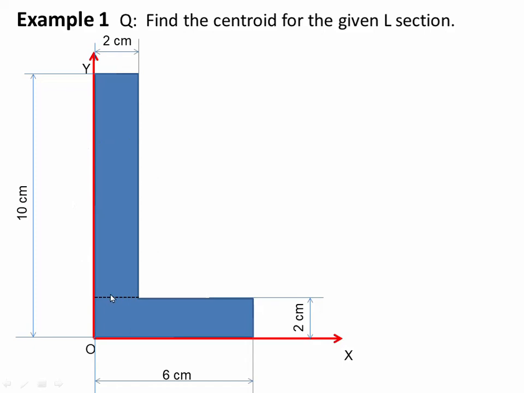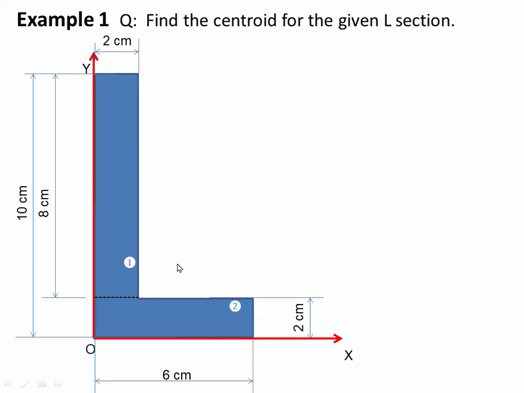In such a case, I will name this rectangle as 1. Rectangle 1 has a height of 8 centimeter only. You should not take the full given 10 centimeter. And this rectangle will be my second rectangle.